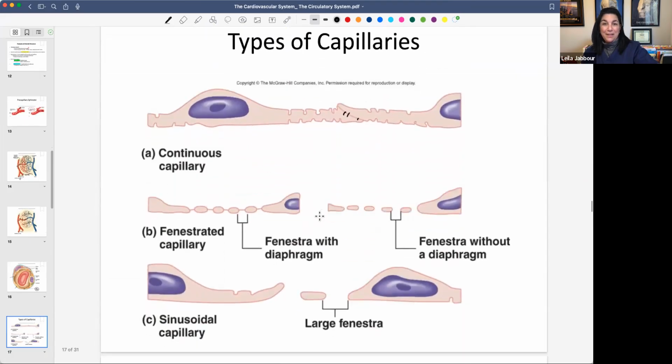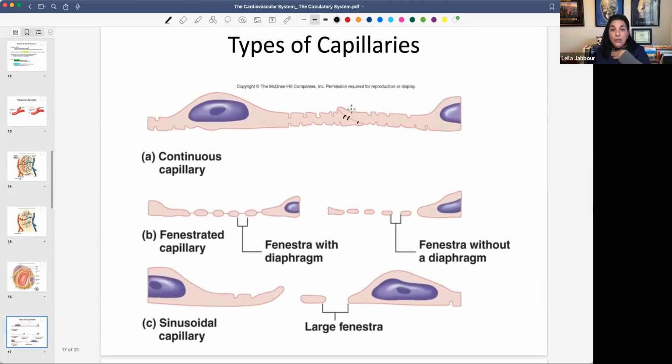So here we go. The types of capillaries. Either we have continuous capillaries, which are connected with tight junctions, and basically there is no escaping from the vessel itself because all these endothelial cells are tight together. Or we have what's called a fenestration, and we call this a fenestrated capillary. And these are the gaps.